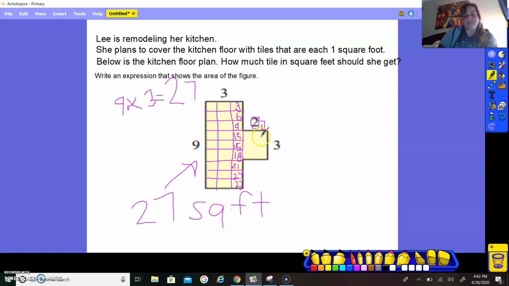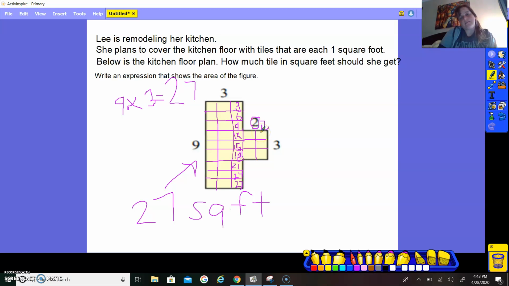Now we have this little space over here, and this would represent 3 rows of 2. So 1, 2, 3 rows. And notice how this space kind of matches up to this space. I did that on purpose. 3 rows of 2. Now what is 3 rows of 2?